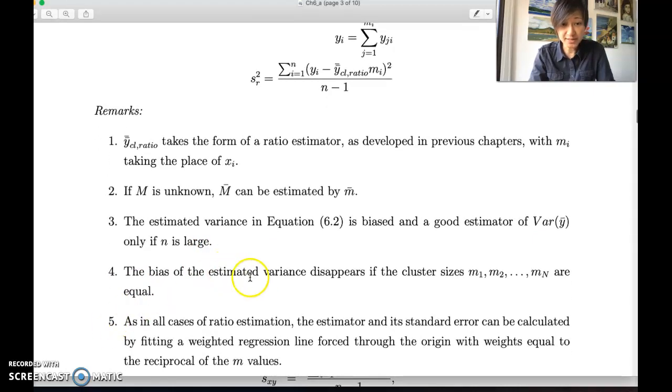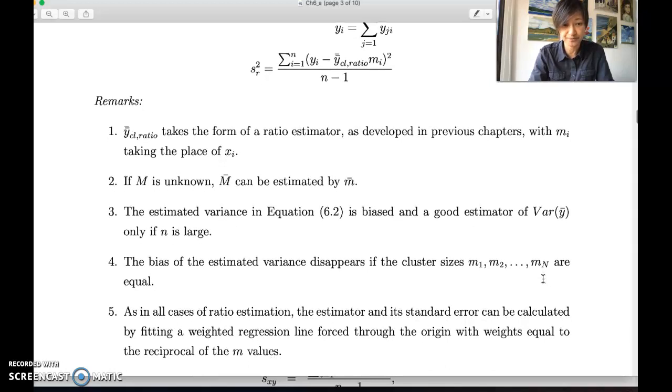Fourthly, the bias of the estimated variance would disappear if the cluster sizes are all equal. So if we have M1, M2, up to MN in the population, and they're all equal, then the estimated variance would be unbiased. We can look into this special case of equal size clusters later on.